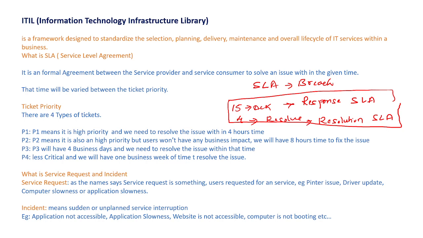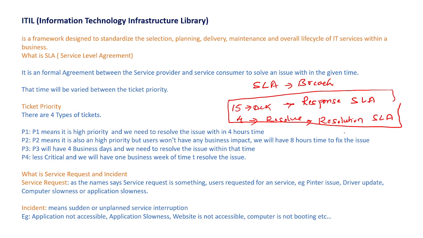If you have the artifacts, you can show them to the customer, and you can even take an exclusion for that breach, so that you will not have to pay any penalty to the customer. That is called the SLA: the response SLA, the resolution SLA, and the breach. Then the same thing goes for P2, P3 and P4.